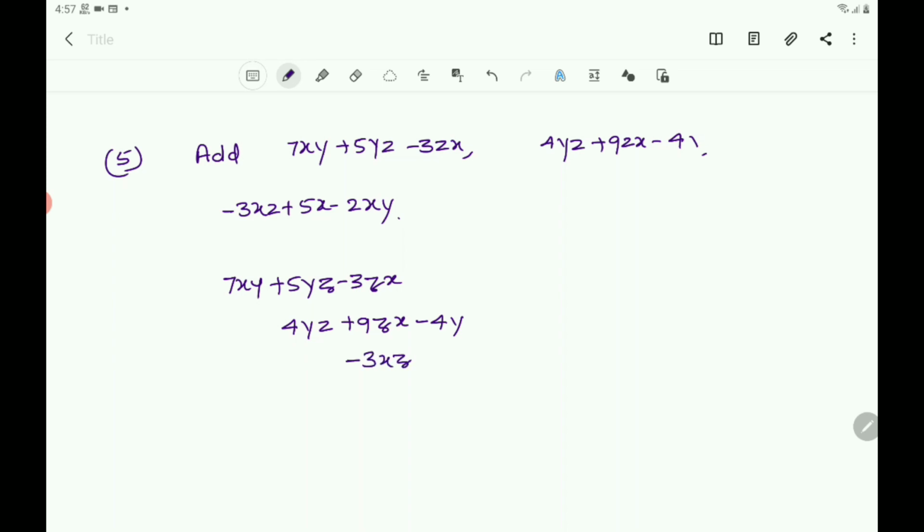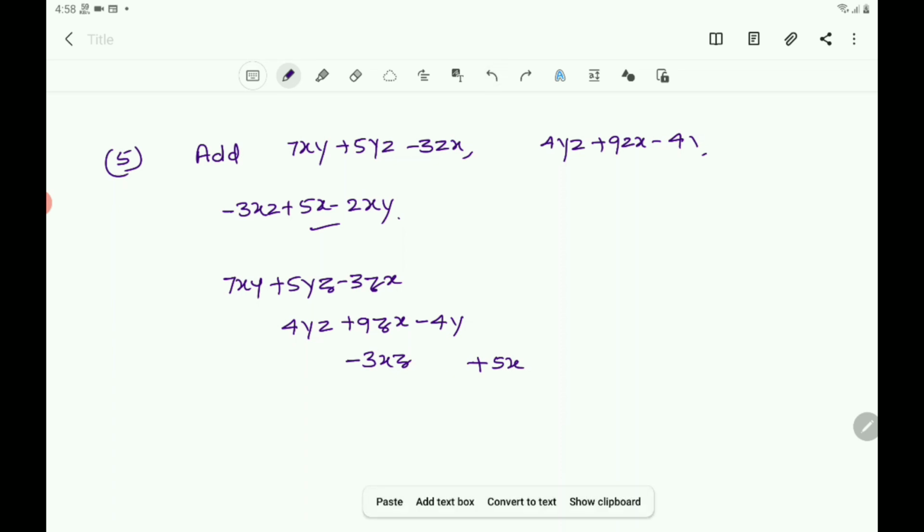Here minus 3zx, plus 9zx and minus 3xz are like terms, so they come one below the other. Next 5x is there. You write it separately because here you can't write it below anything. Therefore you write it separately.